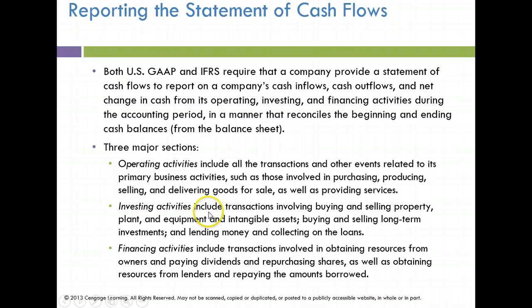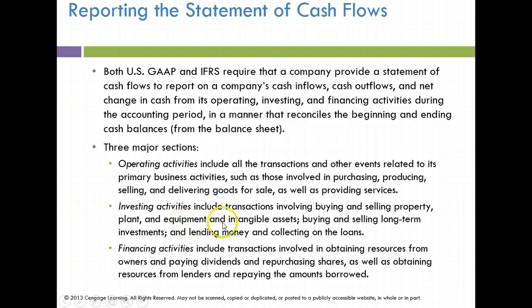So we know there are 3 sections. I want you to know about this. The operating section is about the money coming in and going out for the reason the company's in business, everything to do with the reason the company is around.